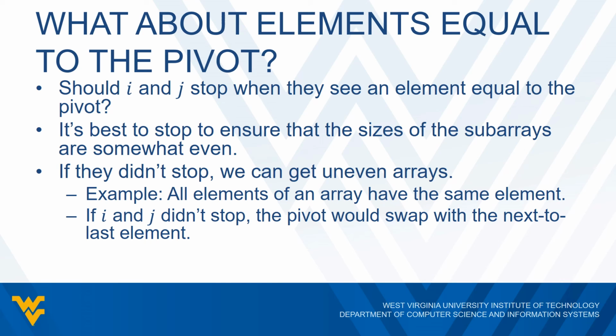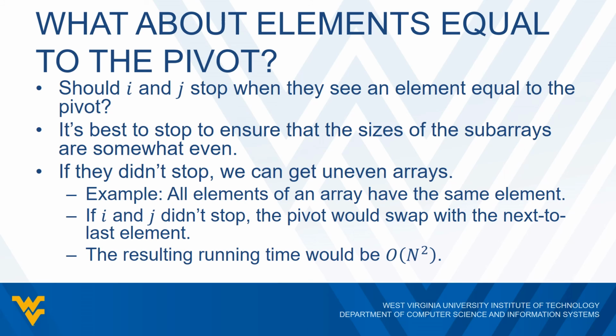And that means everything before that element gets designated as one set. So everything is technically in S1. Our running time would become O(n squared), which we've already mentioned is the worst case scenario for quicksort. So the moral of the story is, yes, stop when i or j encounter a value that's equal to the pivot.